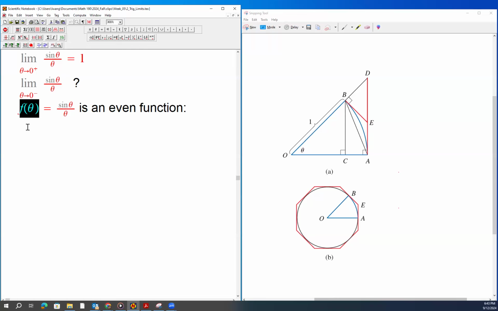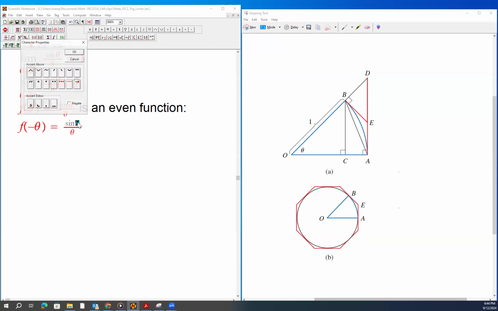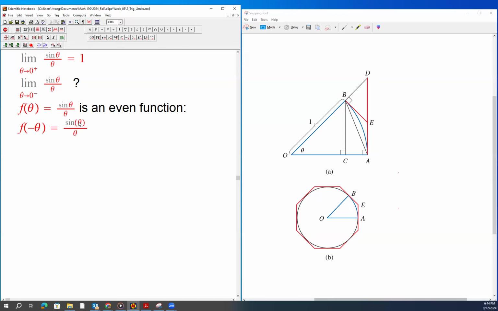Because if we do f of negative theta, that will be sine of negative theta over negative theta.